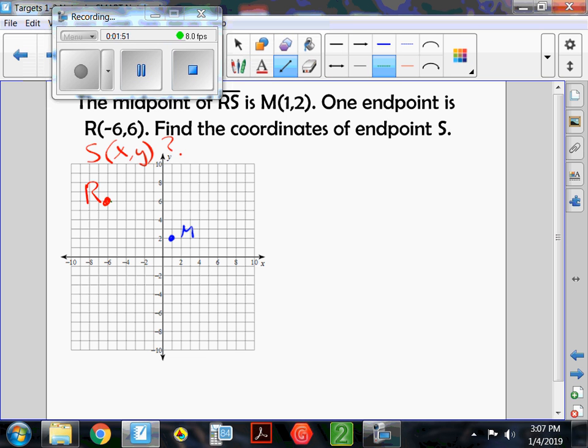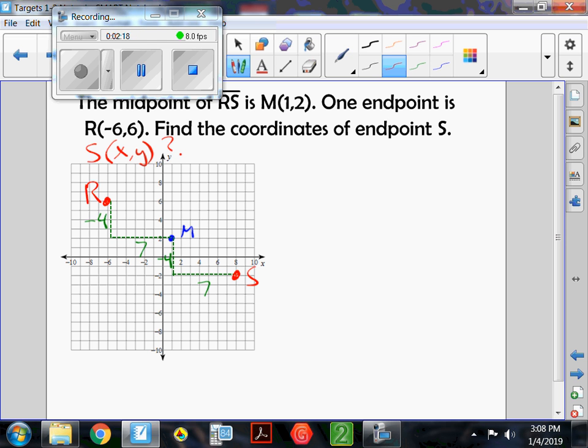To go from R to M, I'm going vertically down 4 and horizontally over how many? 6, 7? So I went down 4 and I went over 7. And I could do that again using that exact same ratio, down 4 and over 7, and that would give me my other point, S.